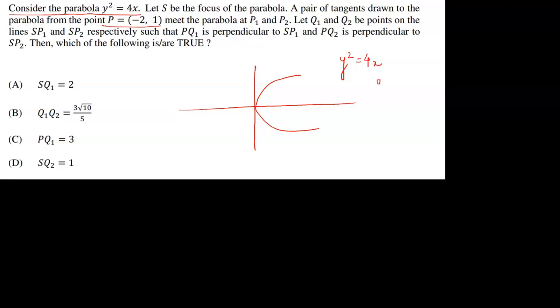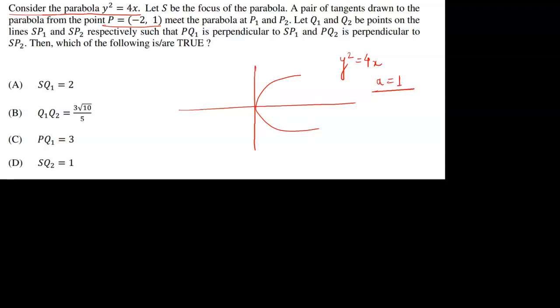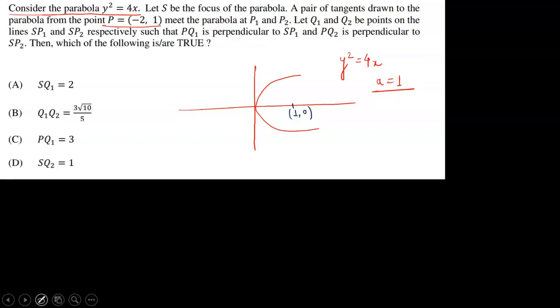A here is 1, so focus will be (1, 0). Fine. And we have been told that from (-2, 1) we have a pair of tangents drawn to the parabola.